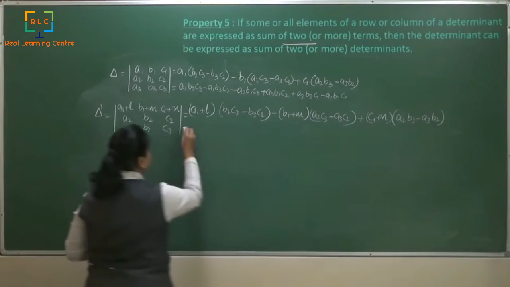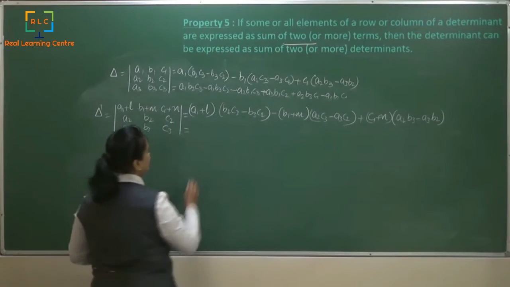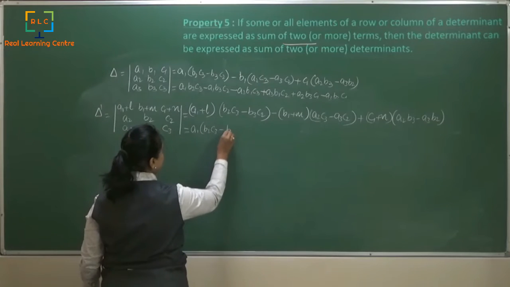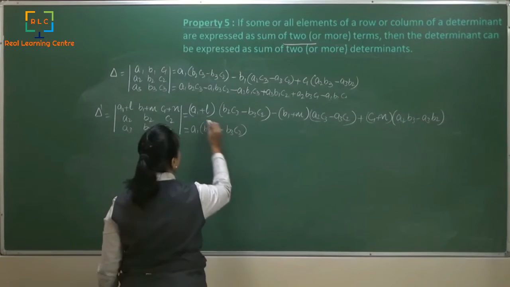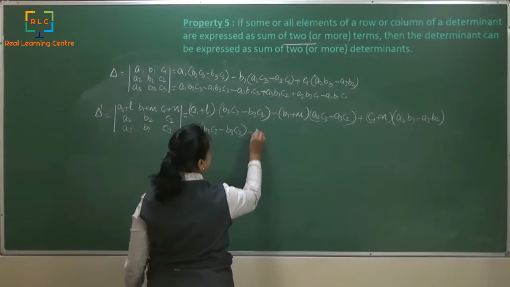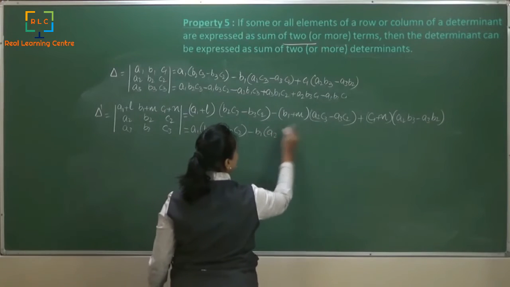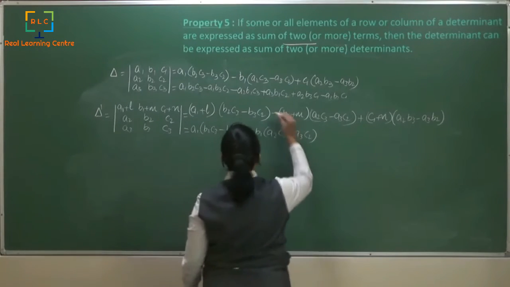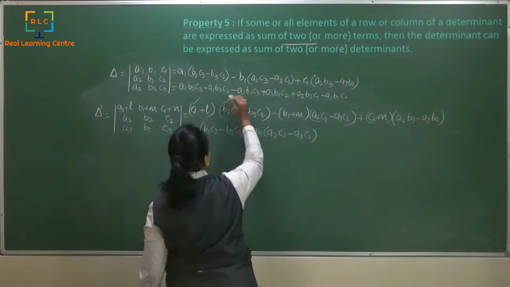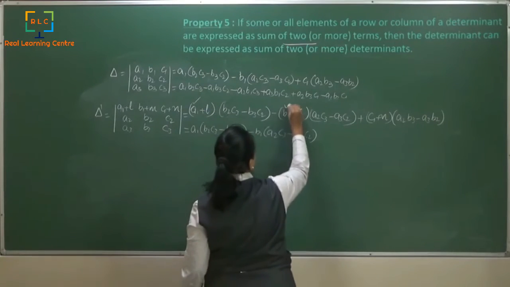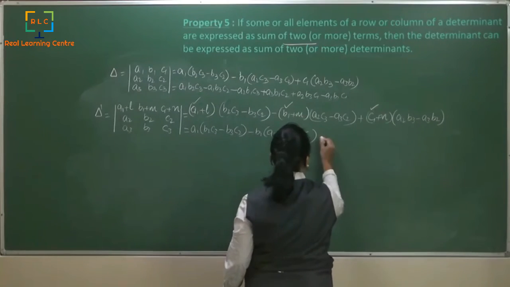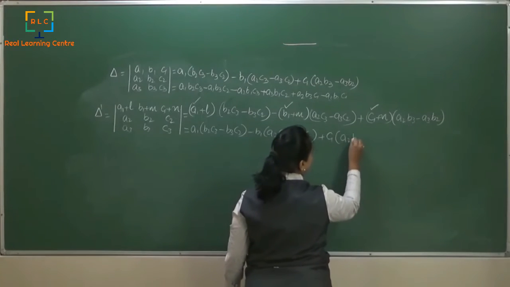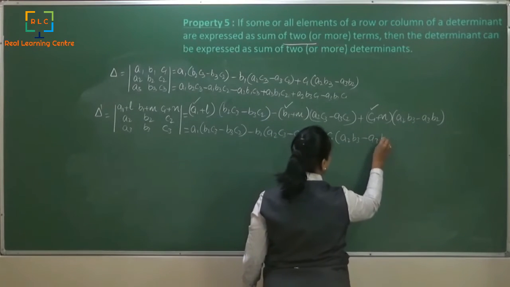What I can do now is, I will take A1 into B2 C3 minus B3 C2. Next I shall take minus B1 into A2 C3 minus A3 C2. Now I am taking C1 into multiplication of this A2 B3 minus A3 B2.